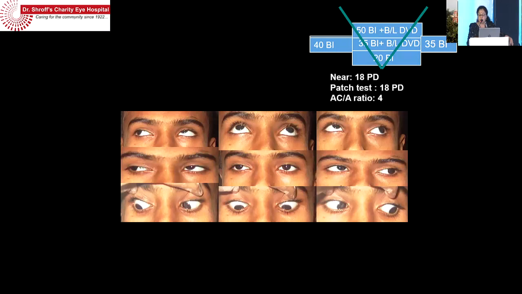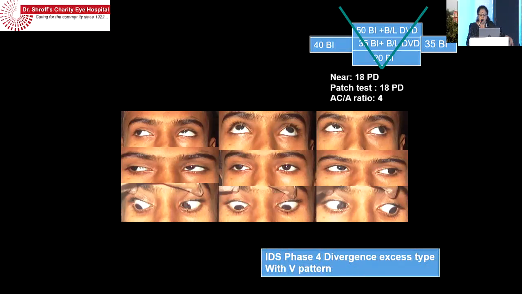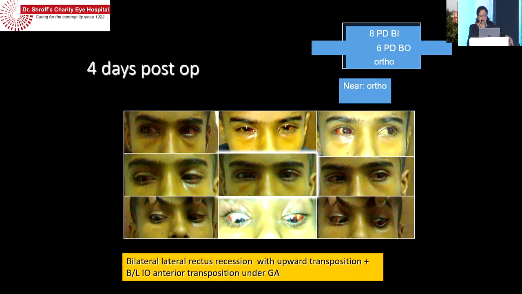So we need to choose the type of surgery when we see the patients. In this patient, the distance was more than near, and it is a true divergence excess type with a V pattern. A bilateral lateral rectus recession with upward transposition plus inferior oblique transposition helped, and this is the planning of the surgery.